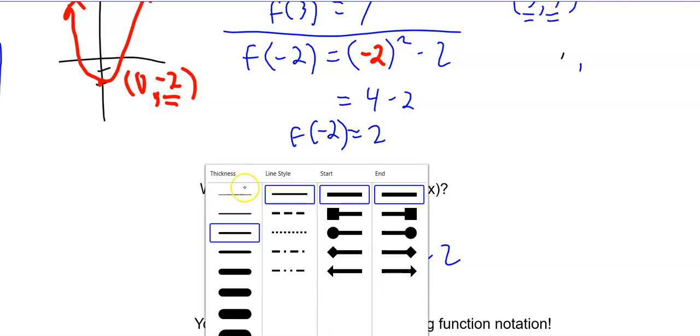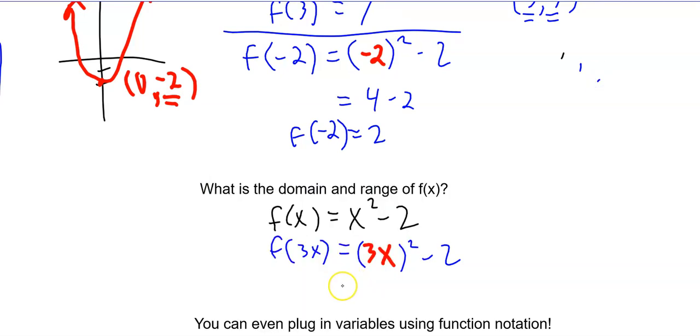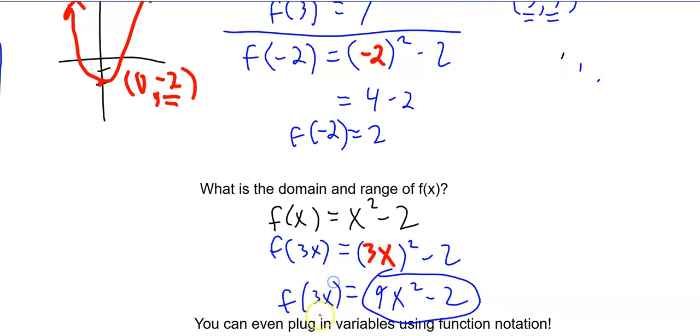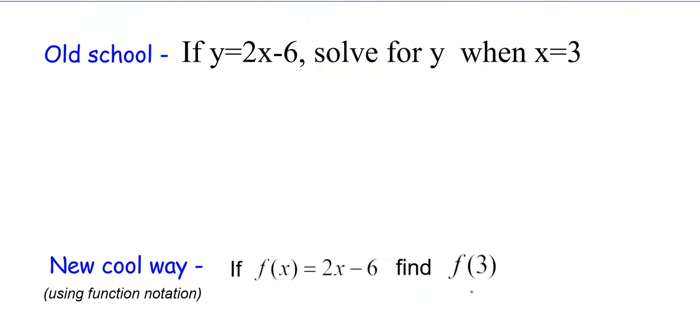So this is going to be 3x squared, which is 3x times 3x, which is 9x squared minus 2. So my answer to f of 3x, which is the name of what we plugged in 3x into the f function, is 9x squared minus 2. Notice the answer has an x in there. When you're plugging x in, it makes sense your answer is going to have an x in there.